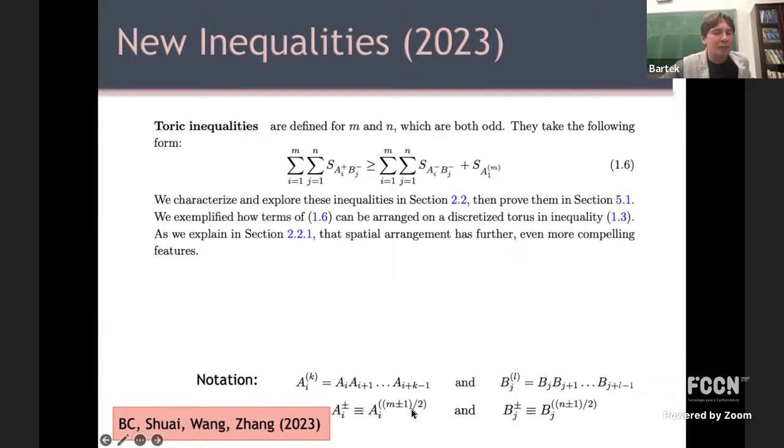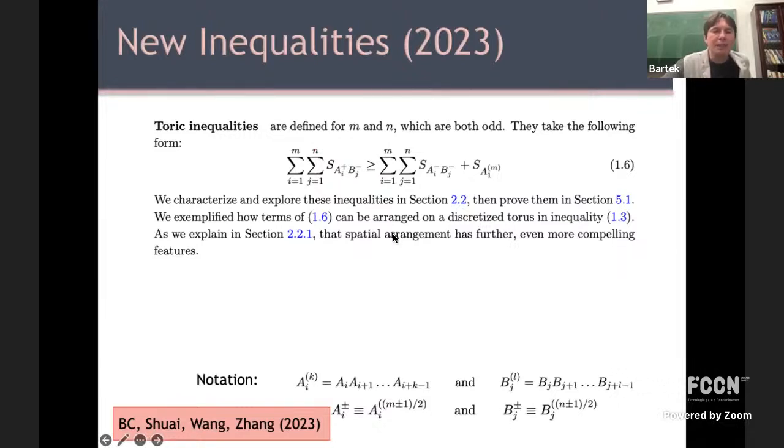If that number is odd, then it makes sense to talk about the just larger than half and just smaller than half number of terms, the smallest consecutive majority and the largest consecutive minority of A regions and B regions. These are denoted with A_I plus or minus, plus for majority, minus for minority. There's the same notation for B.